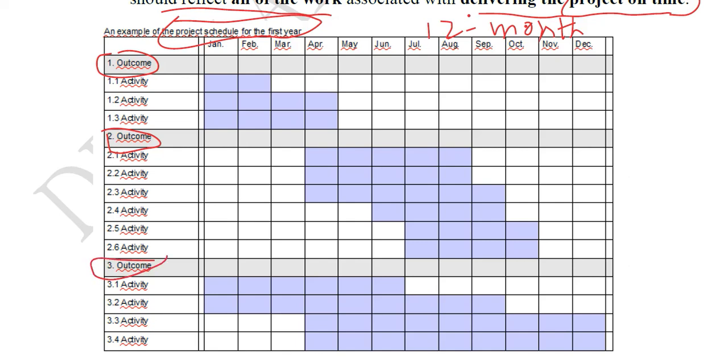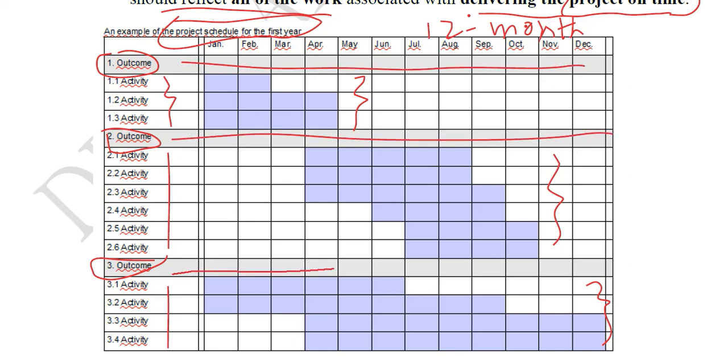In order to achieve these broader outcomes or objectives, there are a few activities that we need to undertake, and you can see that there are 3 activities in this case, 6 in this case and 4 in this case, which are highlighted with these bluish color, whereas this gray color is basically talking about the first outcome and the second outcome and the third outcome.